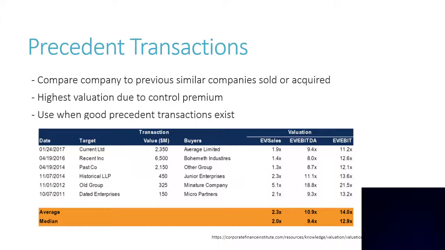So whenever a company actually acquires another company, they'll tend to pay above sort of the true valuation that the bankers estimated in order to gain a control premium over the company. And so this method is good whenever there are existing good precedent transactions that fit in the sense of the company's profile.